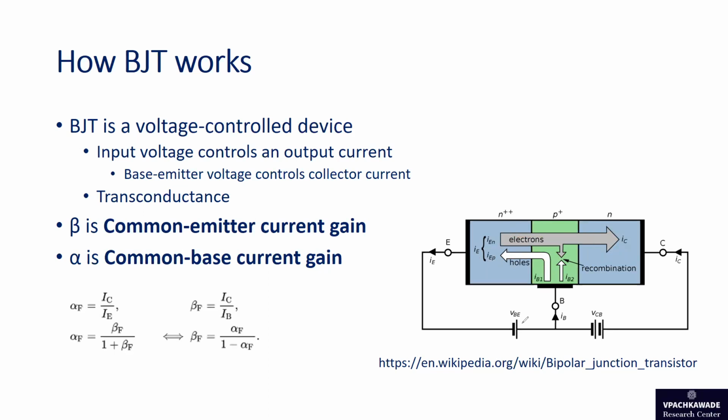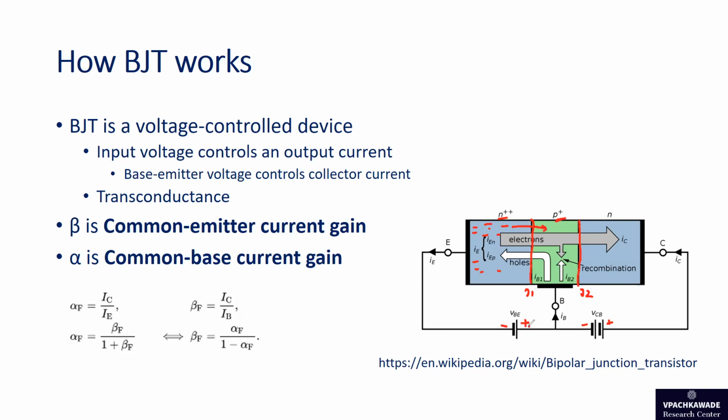So what happens when you apply a voltage difference across the junction J1? This is the junction J1. You see the positive is connected to the P type of material, which is the base, and the negative is connected to the N type of material, which is the emitter. So this negative potential applies a force on the electrons present in the emitter, and they push towards the base region.